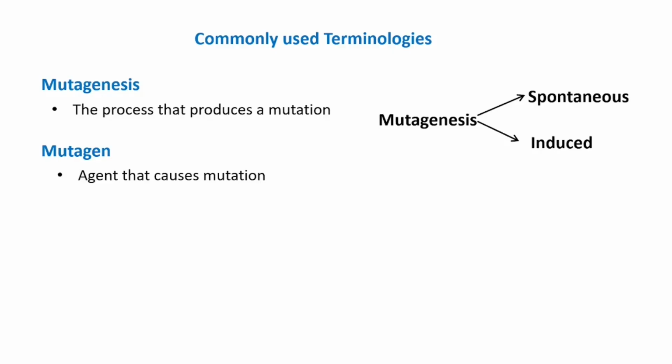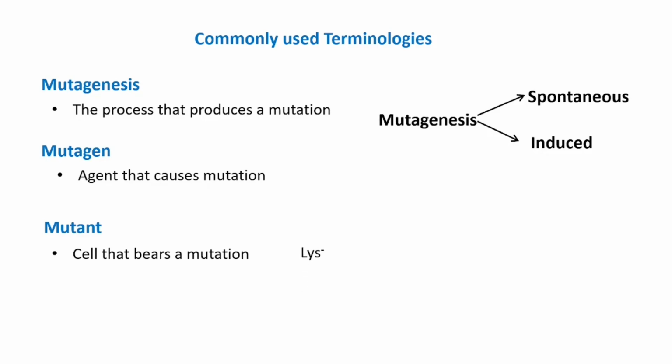So the next question is, what is a mutant? The cell that bears a mutation is called a mutant. However, it is conventional to specify which trait the cell is a mutant for. For example, an E. coli culture which cannot synthesize lysine is called E. coli lysine mutant.